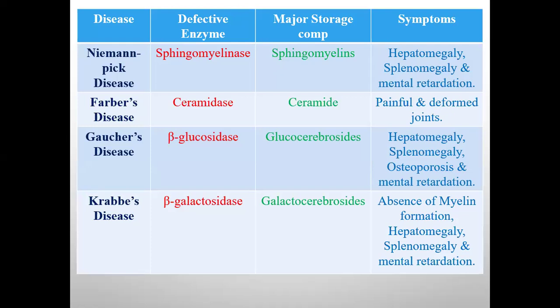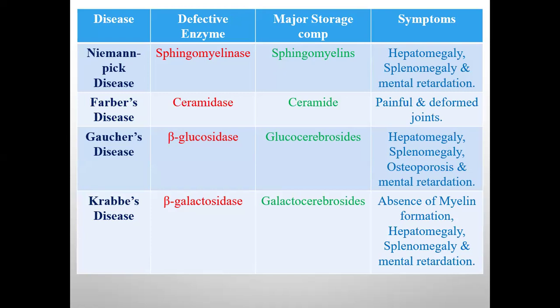So when we look at this table, it is trying to summarize the disease, the defective enzyme, the major storage product associated with the disease, and the symptoms.